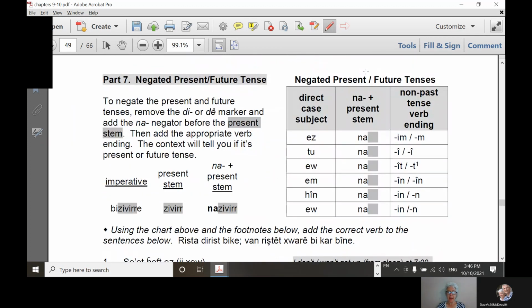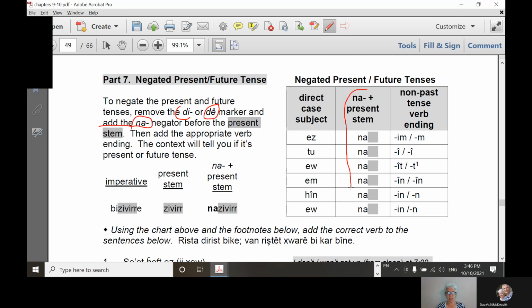And then if you want to negate any of those that we just learned, then you remove the DI or the day marker, and you remove anything that you put on the subject for progressive. And you add the na negator before the present stem.